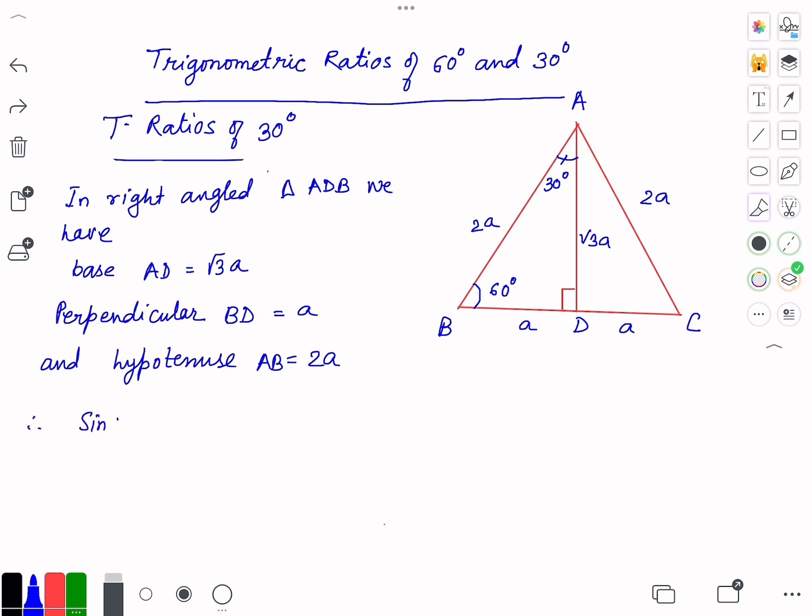Hence sine 30 degrees would be equal to perpendicular by hypotenuse. Here in this case perpendicular is BD and hypotenuse is AB. So BD by AB, which is equal to a by 2a, equals 1 by 2.